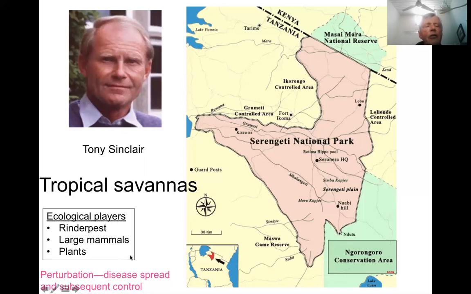The perturbation in this system was the spread of rinderpest from probably Ethiopia or the Middle East into equatorial Africa, and then the subsequent removal of rinderpest through wildlife veterinary techniques.